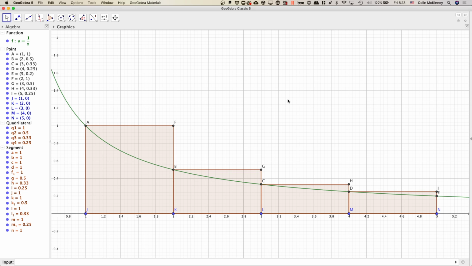What is 1 plus 1/2 plus 1/3 plus 1/4? Did you just do that in your head? Yep. Oh, nice. Okay. So 2 point something, right? Let's just double check that, Owen.